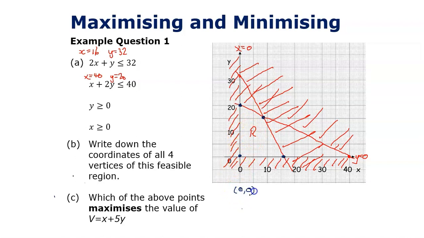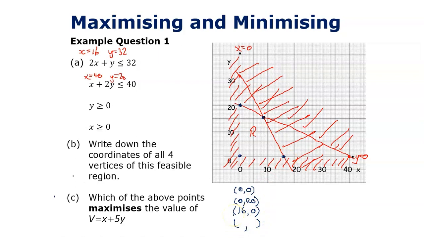It's 0, 0. This one is 0, 20. And we've got, well, that one's going to be a bit tricky. Now, I may need to use my calculator to find that. I've obviously got an easier one here. This is 16. I knew it was 16 already. And 16, 0.